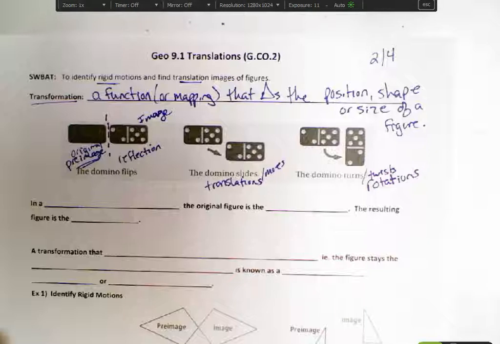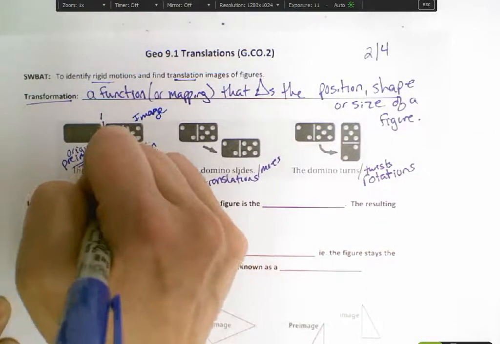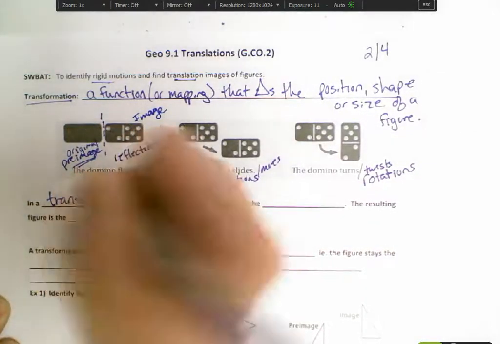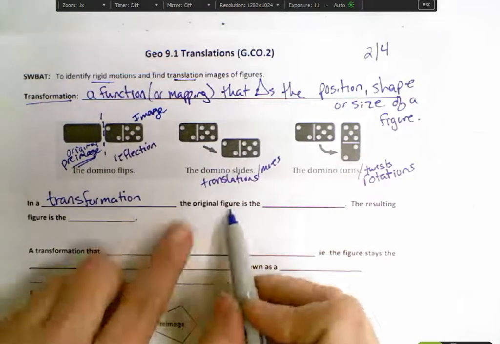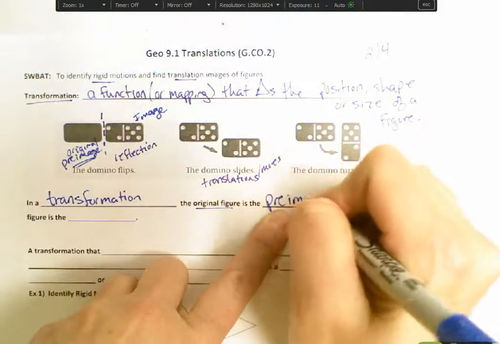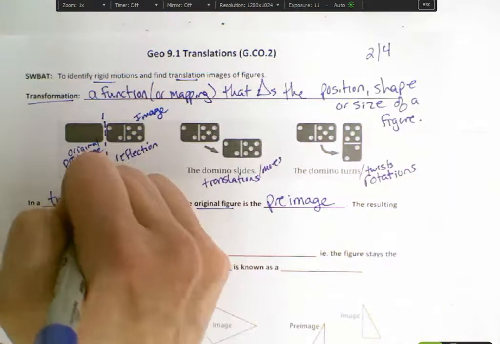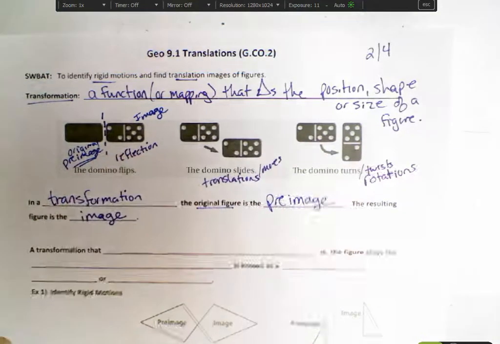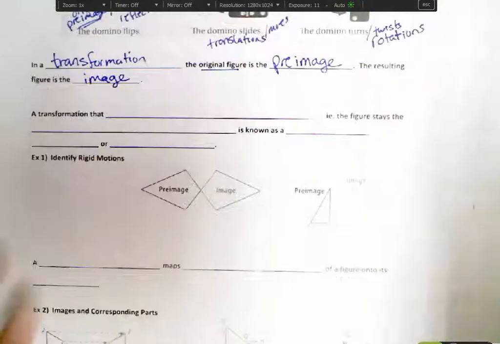So in a transformation, which can be any type of transformation, reflections, translations, rotations, the original figure is the pre-image. The resulting figure is your image. So we just got to get used to the terminology there. We'll keep working with it so it'll stick a little bit.